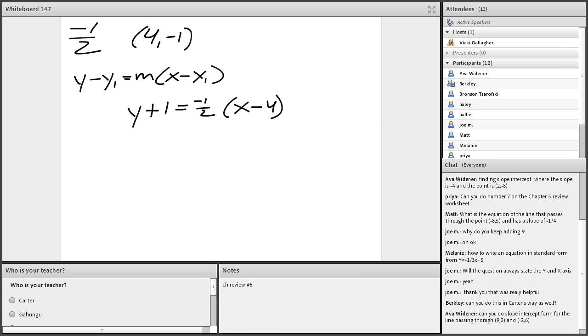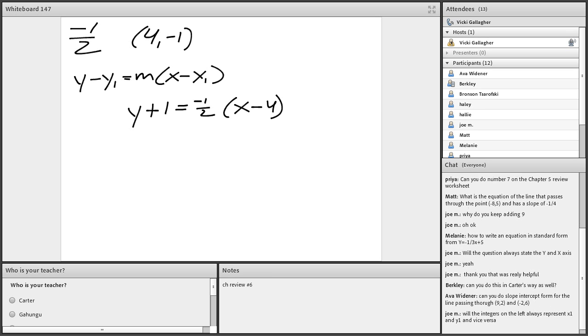Yeah, okay. All right, and so then we're going to distribute the negative 1/2. So that makes negative 1/2 x. Negative times a negative becomes a positive, and then when you multiply 1/2 times 4, you can just think of like what is half of 4. You can do 4 divided by 2, and that'll turn into a 2.